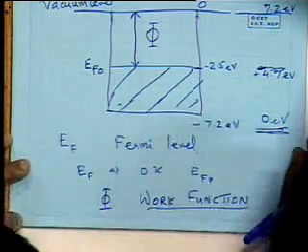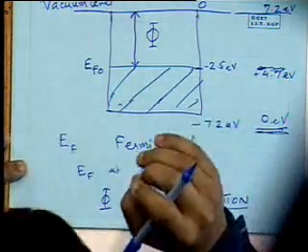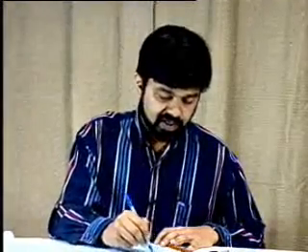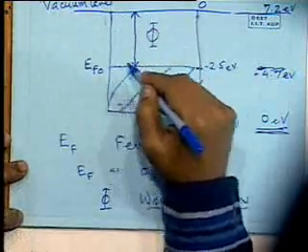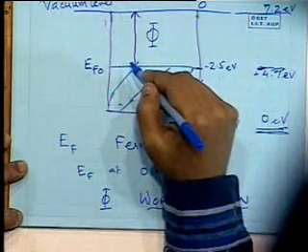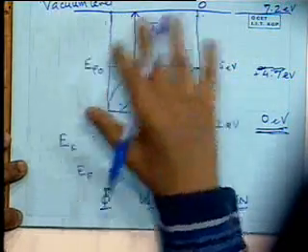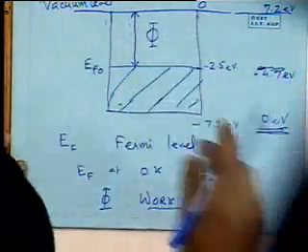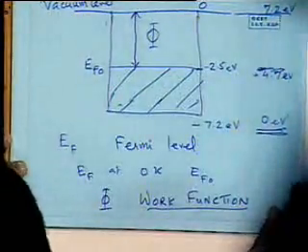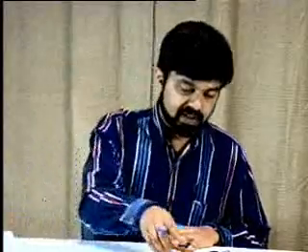It is the minimum energy that is required to get an electron out of the metal and free it. Everywhere here the electron is still bound, it is free to move, but it is still somewhat attached to the nucleus. It can move around within the metal, but once it crosses this vacuum level, it's out. And so phi, my work function, is what defines the minimum energy that is required.